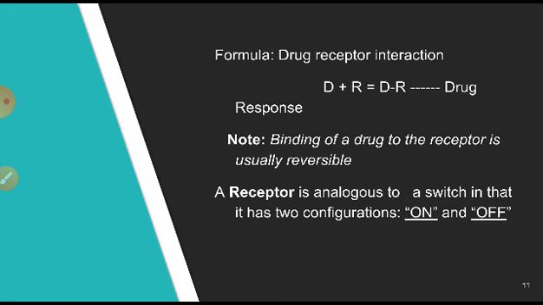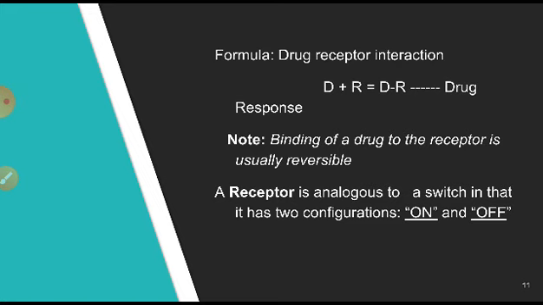And then at the end, when there is a drug receptor complex, you will get the drug response, or the response of the drug. Binding of a drug to the receptor is usually reversible. Another very important point: this binding, D plus R, is usually reversible, but in some cases it is irreversible as well.